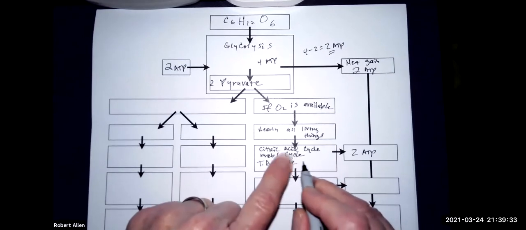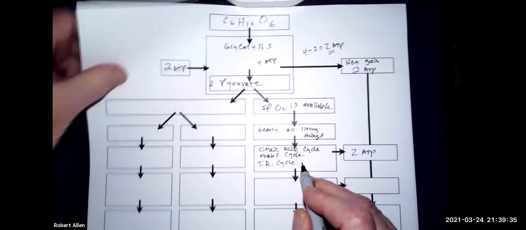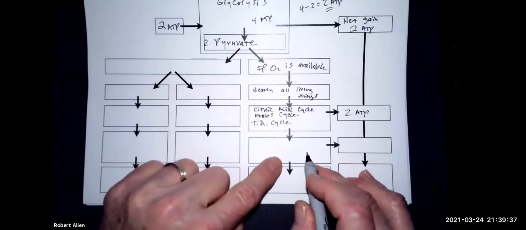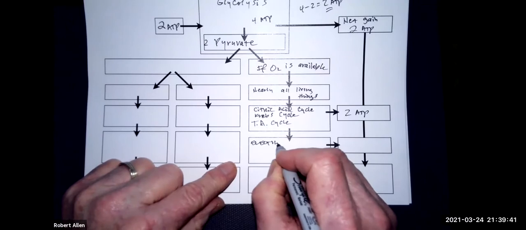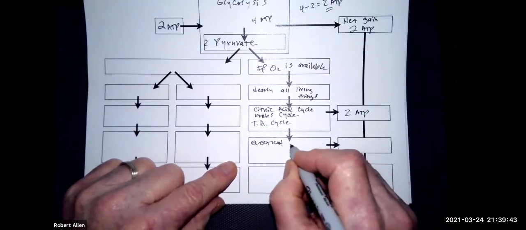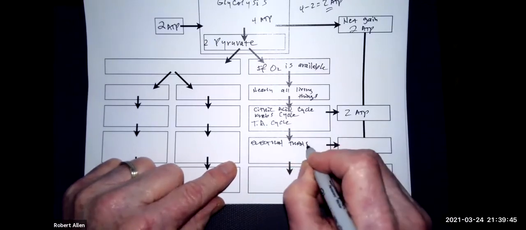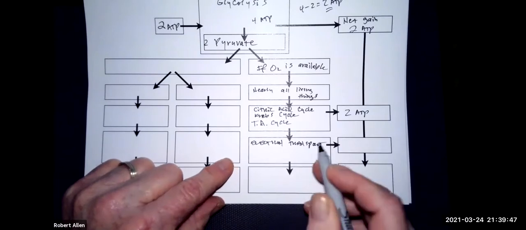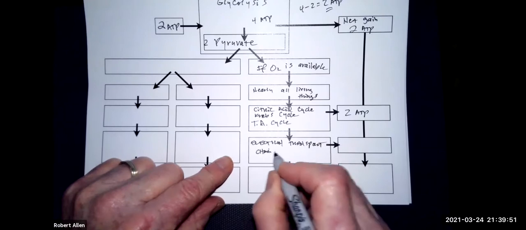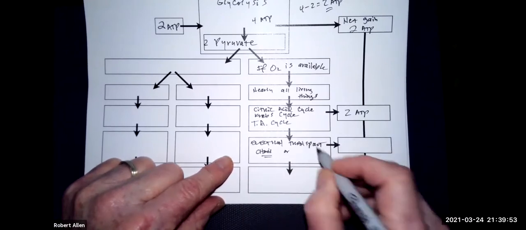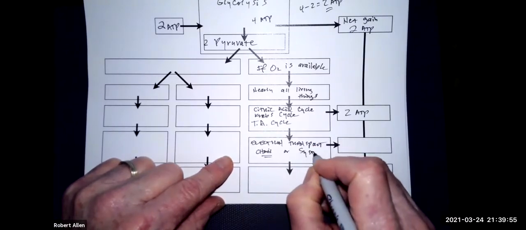Then the remaining products, we're not going to name, doesn't matter, they enter another process called the electron transport. I've heard it called electron transport chain, or electron transport system.